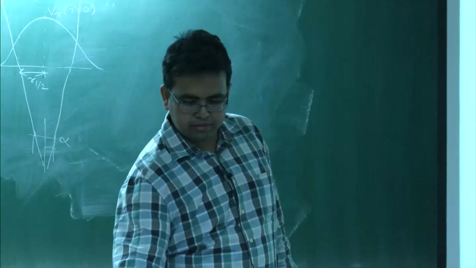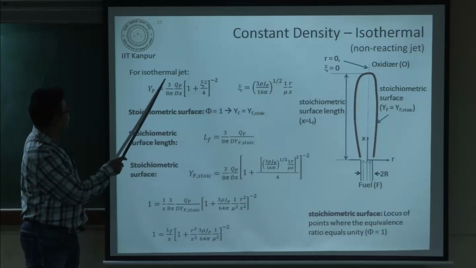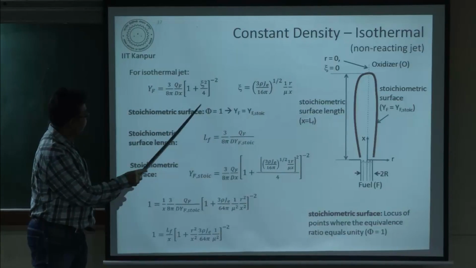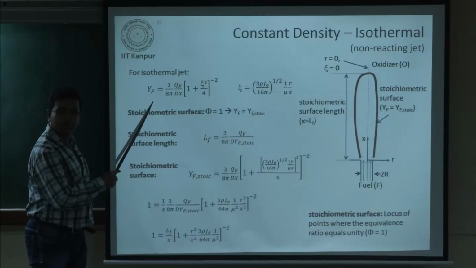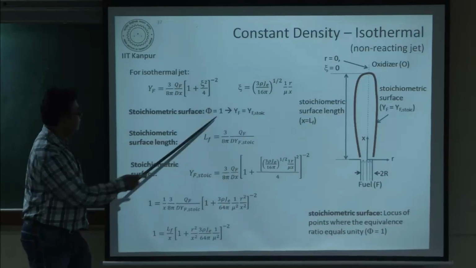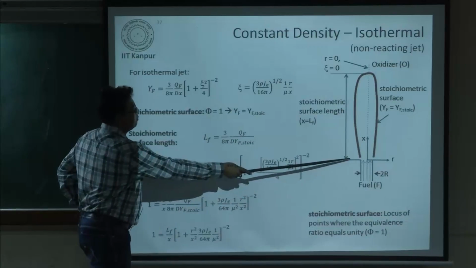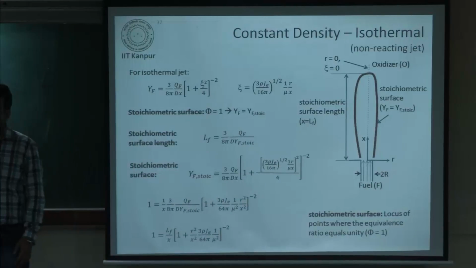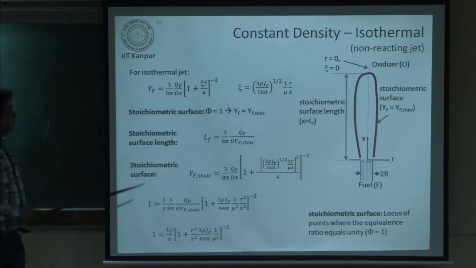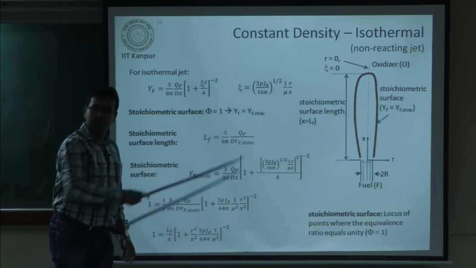We have already seen this picture, and now for the isothermal jet, we have recovered an expression for yf in terms of the similarity variable. Now, we can draw the surface where the equivalence ratio is 1. So, phi is equal to 1, then your yf will be yf stoichiometric.